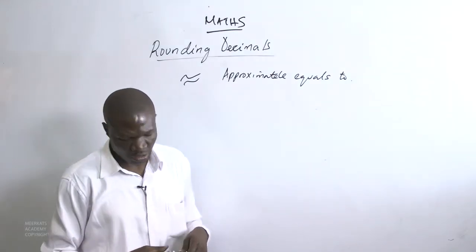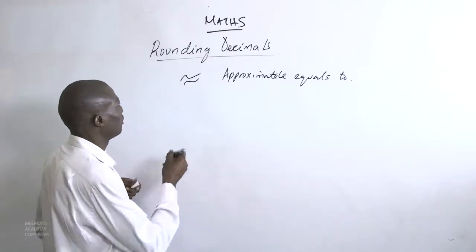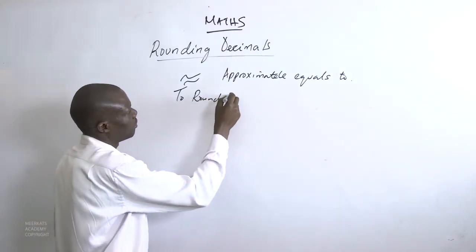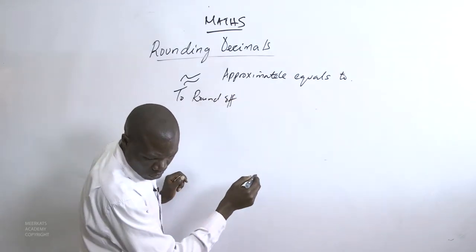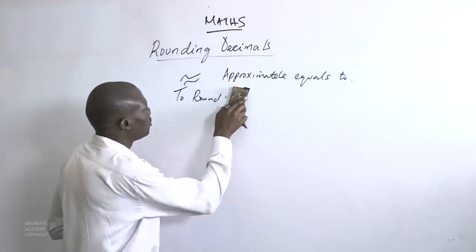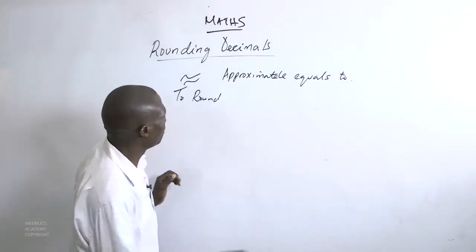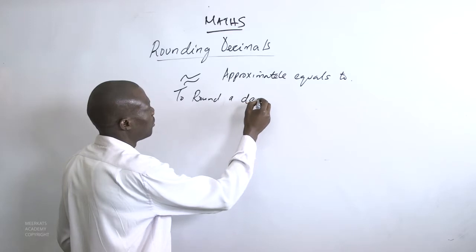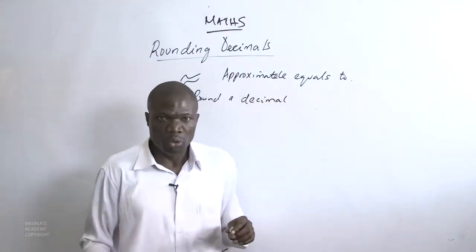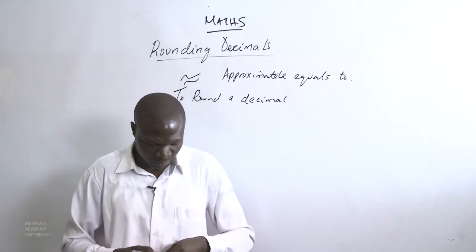Now, to round off a decimal, we need to look at some steps.